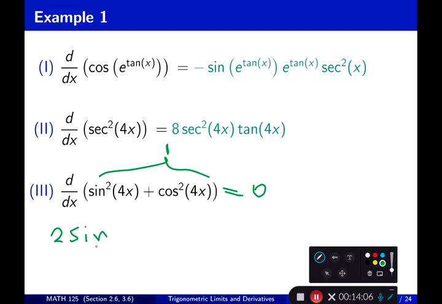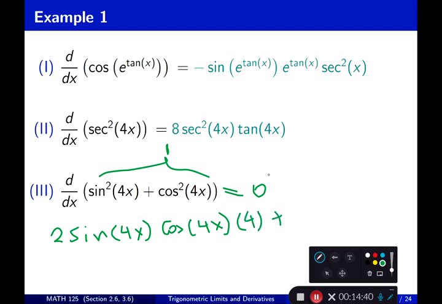So when you take the derivative of the very outside function, it's 2 sine of 4x. Then you take the derivative of the intermediate inside function, which is sine of 4x, and that would be cosine of 4x.